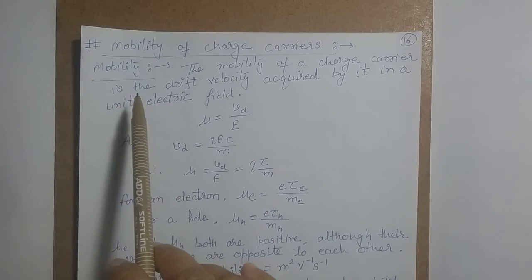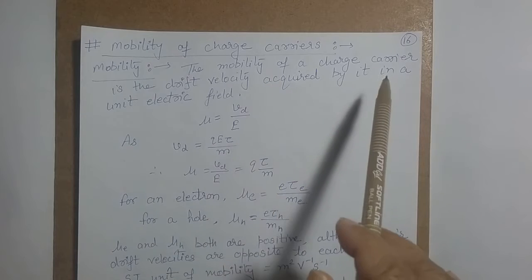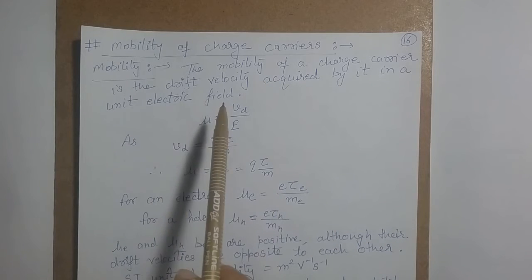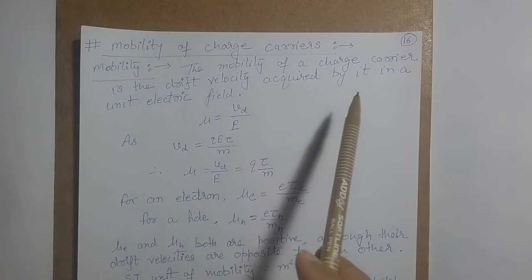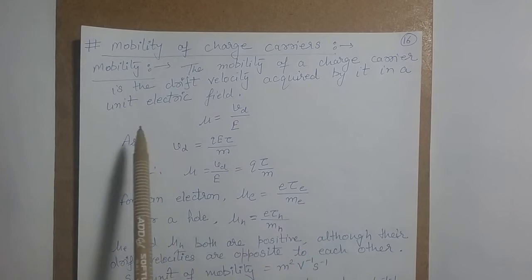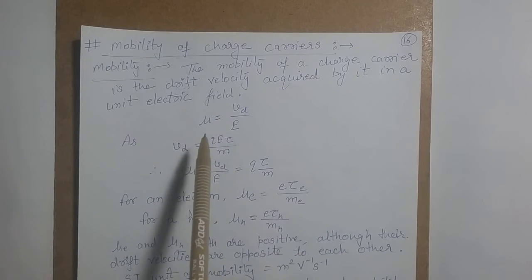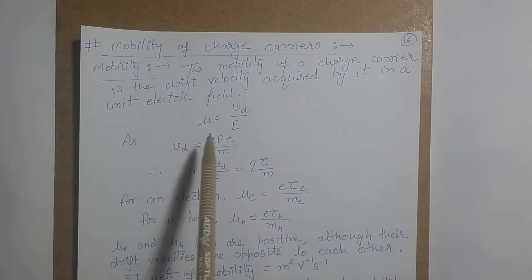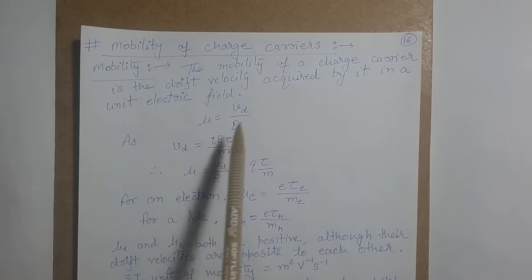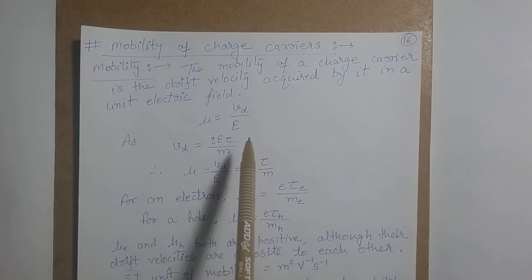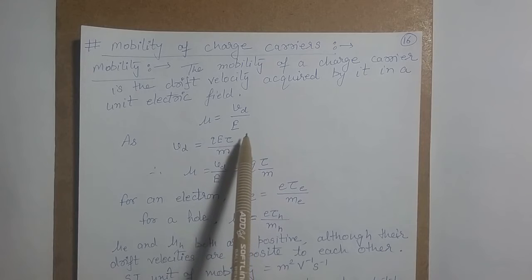So what is mobility? The mobility of charge carriers is the drift velocity acquired by the charge carrier in a unit electric field. So mu is the symbol for mobility, and that is equal to drift velocity per unit electric field.